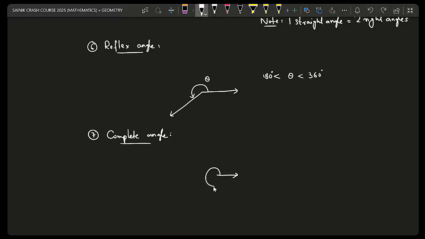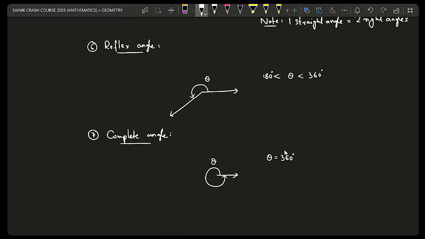Then we cannot see the second ray because both of them coincide, like a zero angle. But how to differentiate a zero angle and a complete angle? For a zero angle, we do not show the symbol of rotation, but for a complete angle, we show the symbol of rotation. That means theta is exactly equal to 360 degrees. Then it is called a complete angle.